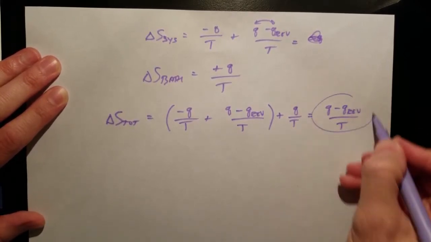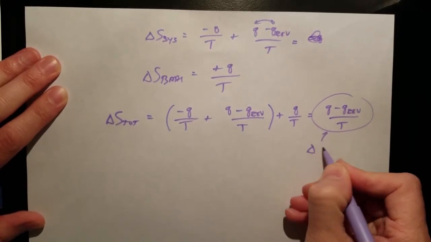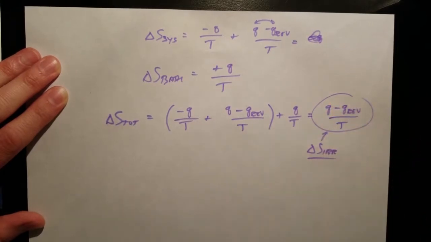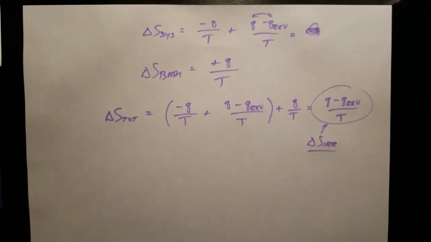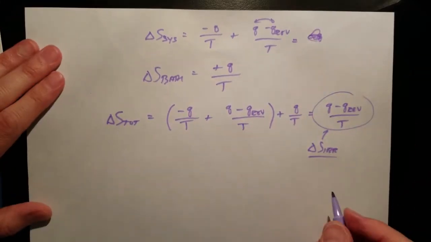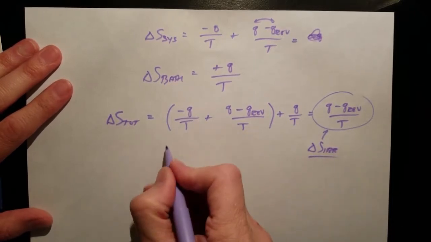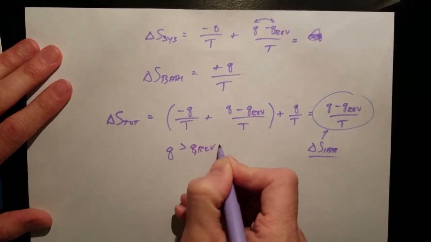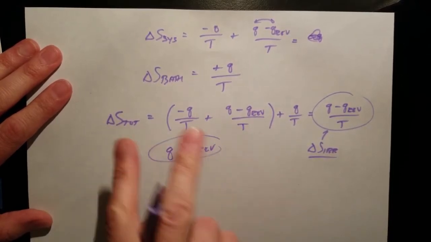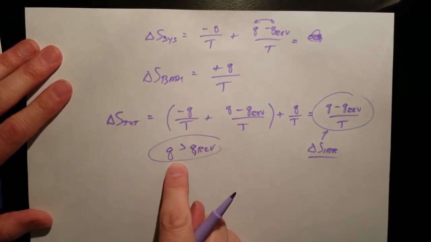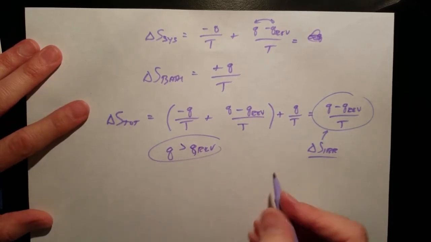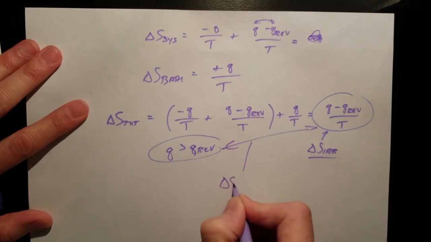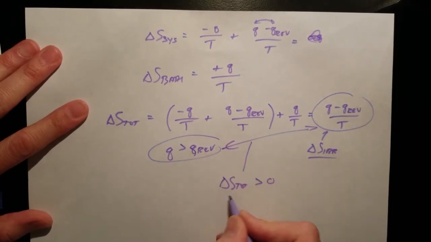So you can think of this as delta S, the irreversible contribution to the entropy, and we had that in our expansion as well. And again, because Q is larger than Q reversible, remember we switched the signs on the delta P, that means that delta S tot is larger than 0.